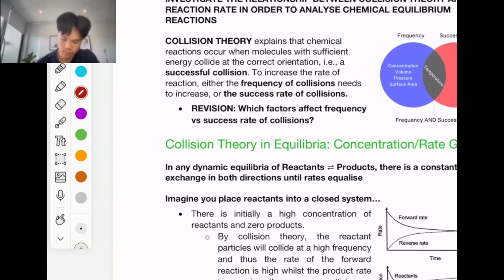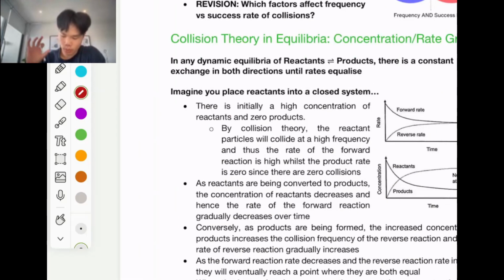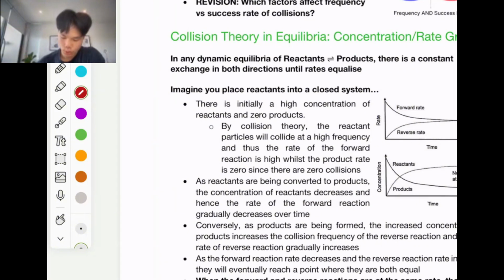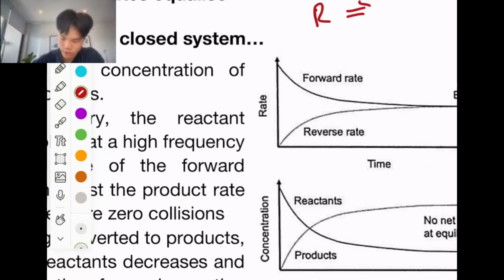Also not too important. Okay, to finish off here, we've got collision theory and explaining reaction graphs for concentration and rate change over time. You should be able to look at any reaction, say reactants going to products. If you can explain what's happening through the concentration and rate graph in words, then you've truly understood what's going to happen in collision theory for any reaction.